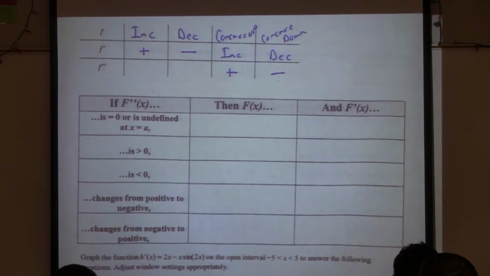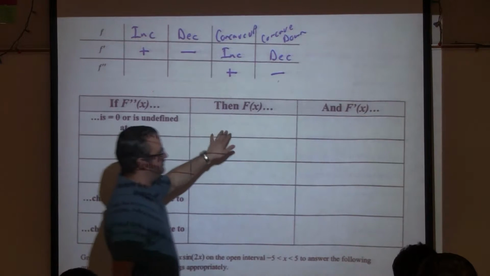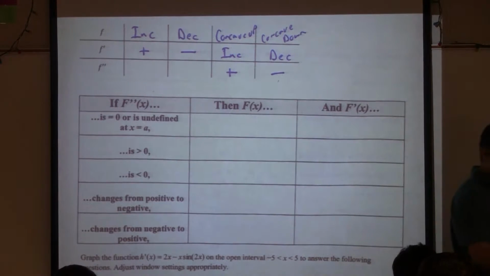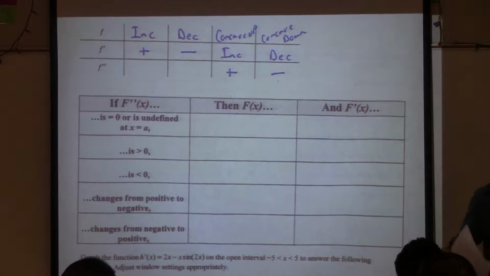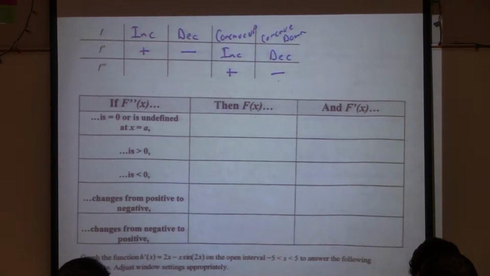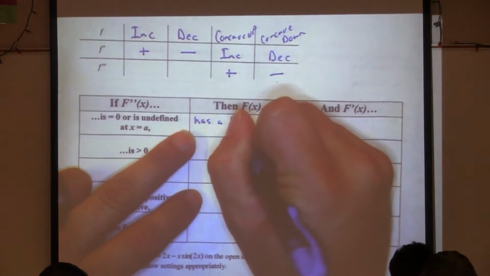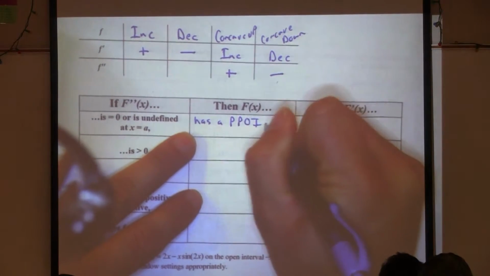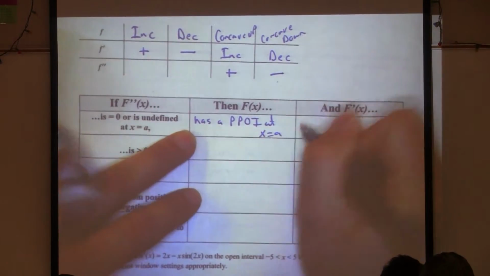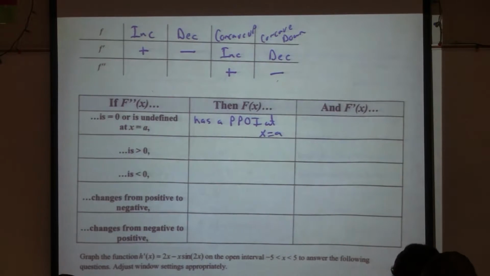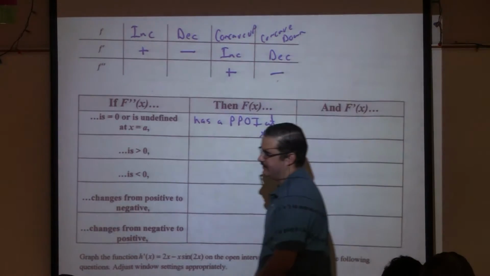If the second derivative is equal to 0 or undefined, what does that tell us about f of x? Possible. Very good. It has a what? It has a possible point of inflection at that particular value a, right? Okay.